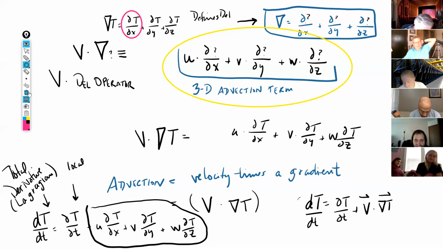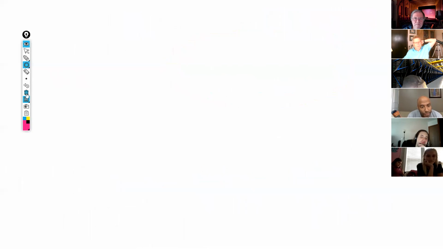Good. Okay, so I'm going to get rid of this. You can always go back and screen capture off the Zoom. And I'm just going to show you really quickly, without getting into the woods about dot products, what if I took del operating on this?